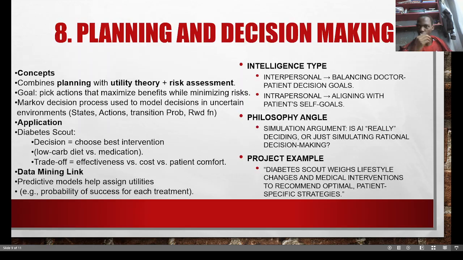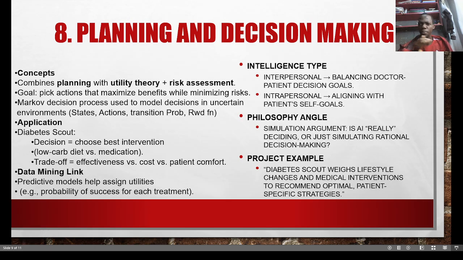exercises, and so on. Then after that, we can look at our module 8, and that is planning and decision making. As we have looked at planning, now we want to combine planning with decision making. Here we are combining planning with utility theory and risk management.